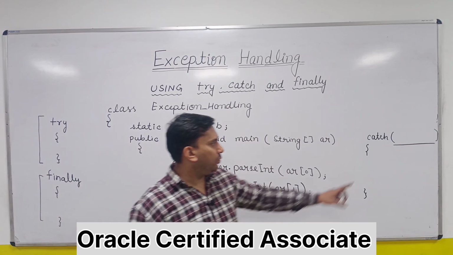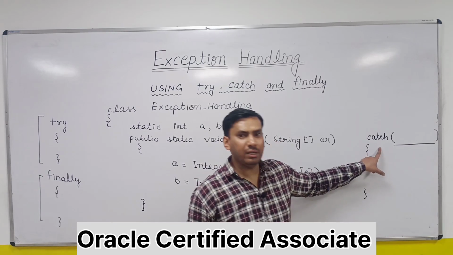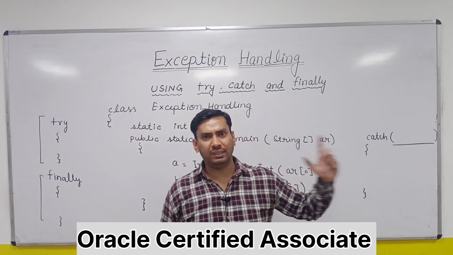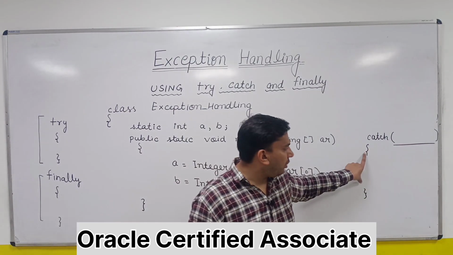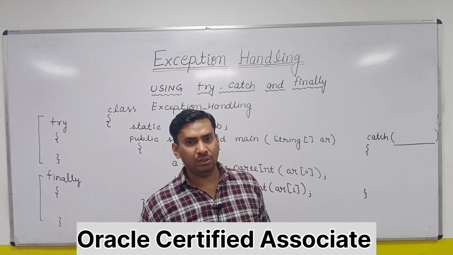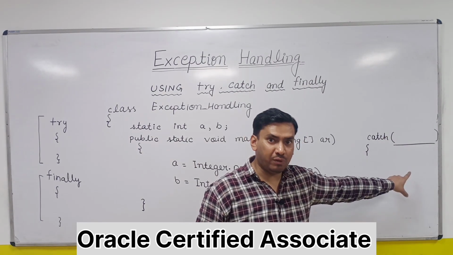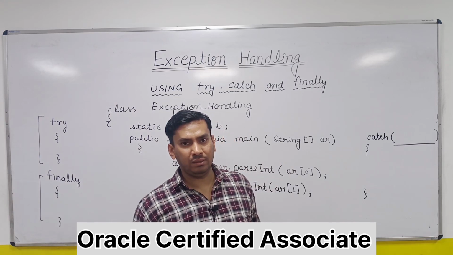Let's say you are writing some type here. For example, in this catch block I have written NumberFormatException and its reference variable. What it means is that this catch block can handle only NumberFormatException. Whatever type you mention here, only that type of exception will be handled by this catch block, right?